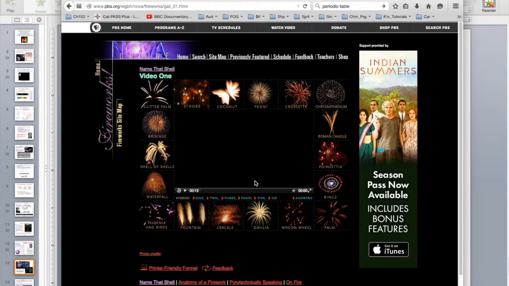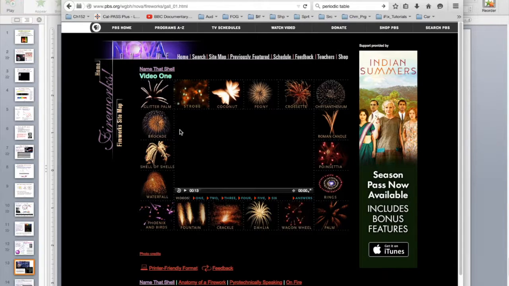This gives you an idea of the anatomy of fireworks, but this is the interesting site in terms of Name That Shell, because if you go to this site right here, then you can look at the different patterns that you see during fireworks, and you now know the name.